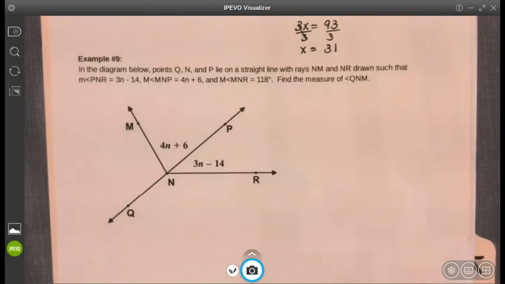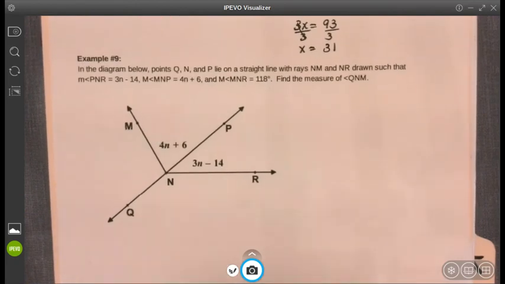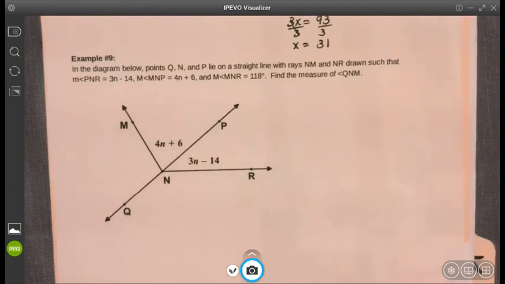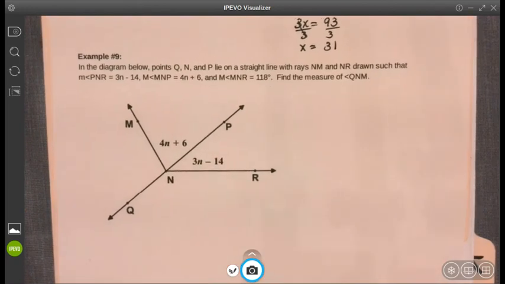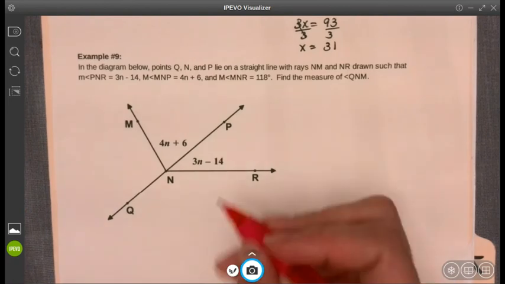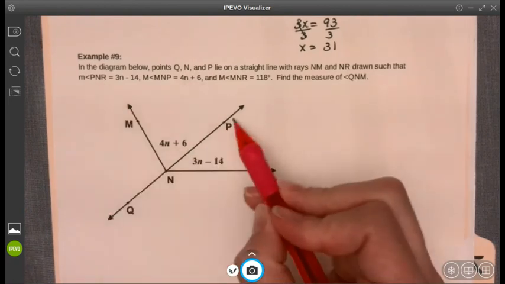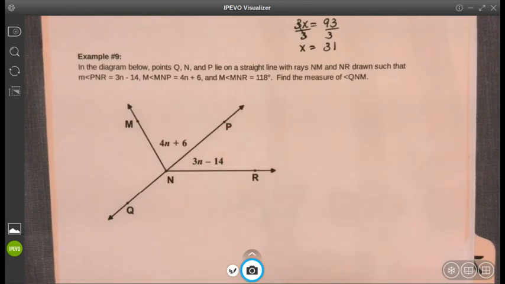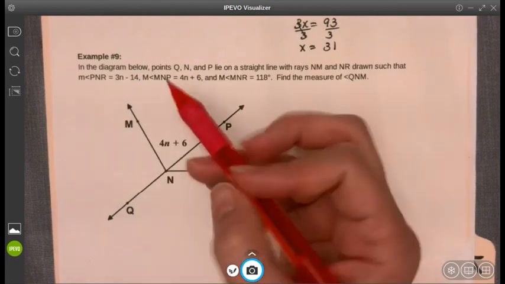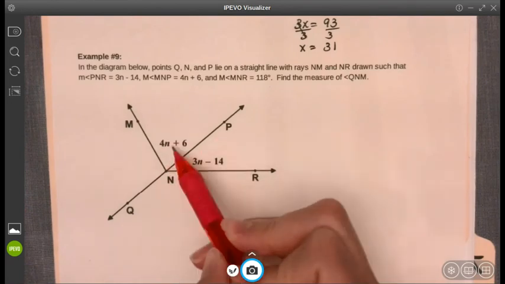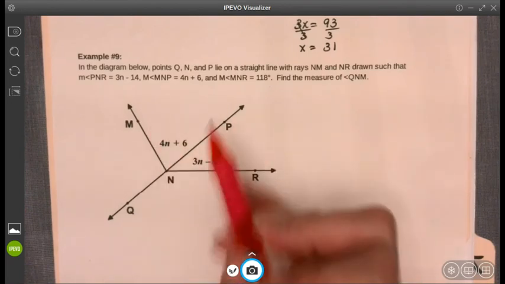So this says that in the diagram below, points Q and P all lie on a straight line with rays NM and NR drawn such that angle PNR is 3n minus 14, so they already labeled that for us. And angle MNP is 4n plus 6, so they already labeled that for us.